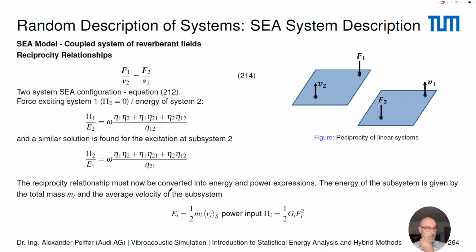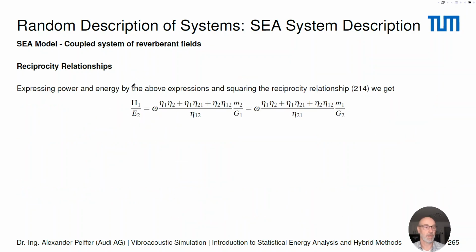So what is the task here? We have to convert this reciprocity relationship into energy terms. The energy of the subsystem is given by the total mass and the average velocity of the subsystem. If we replace it by this expression, and the power input is given by the conductance G and the square of the force input, we can modify this relationship a little bit.